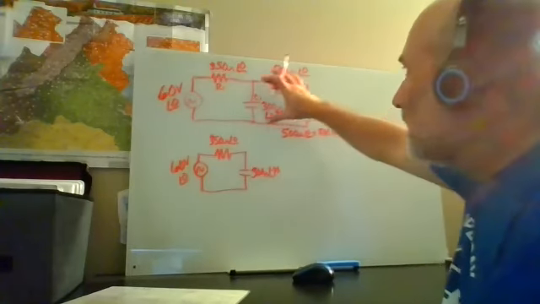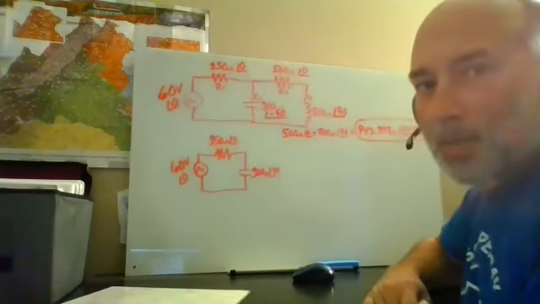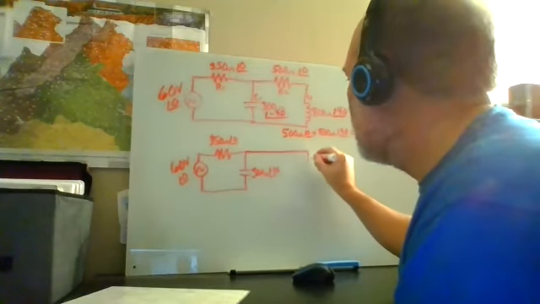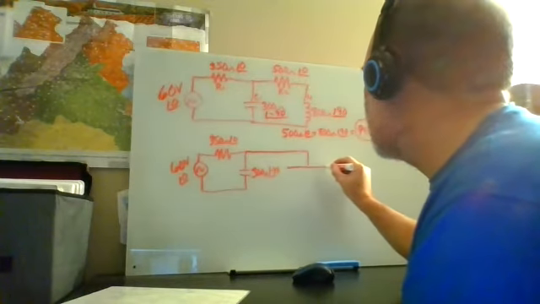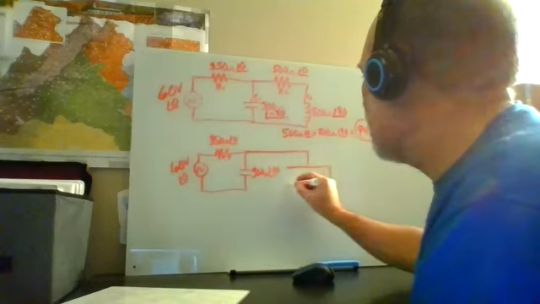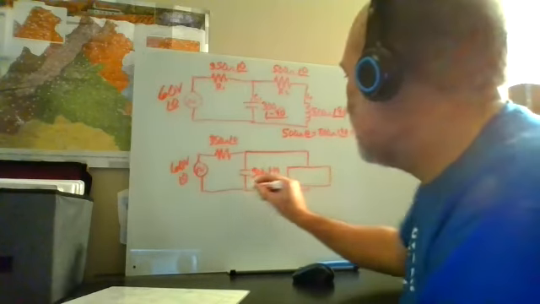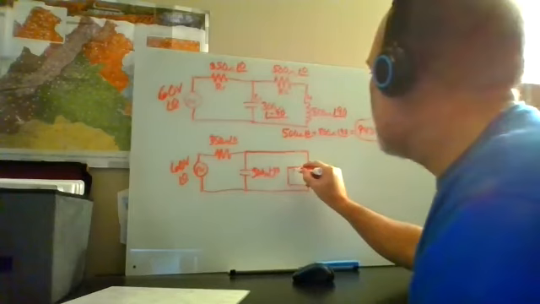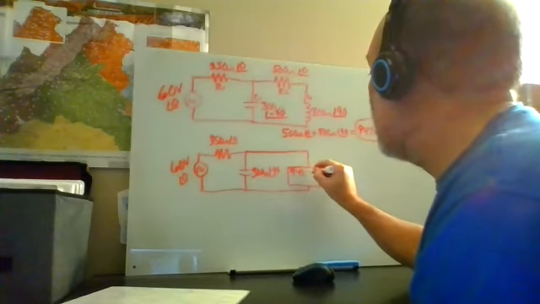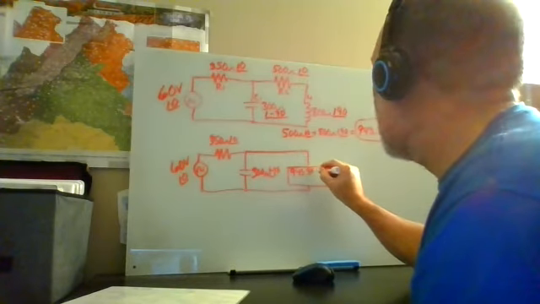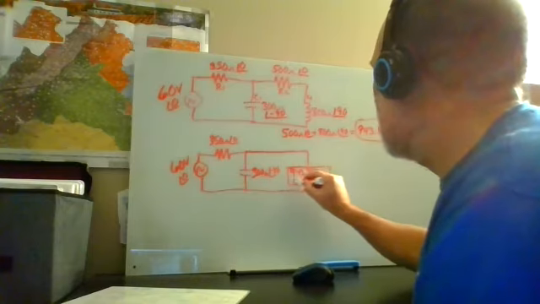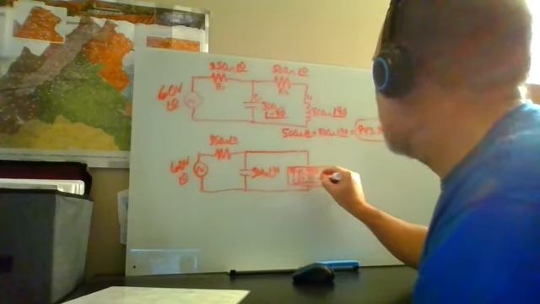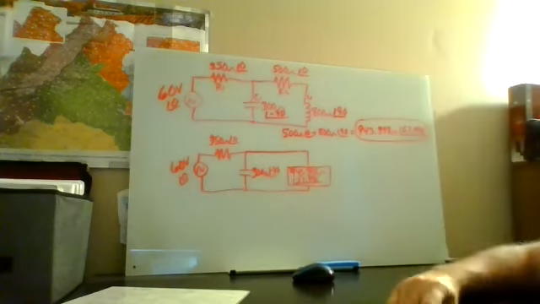Well, these two have 2 points in common with that capacitor, so I'm going to put it in parallel with the capacitor. The only difference is instead of making it a component, I'm going to put it in a box. That way I know I have two different components here. They're not the same. I'm going to write it in 943.398 ohms at an angle of 57.995.